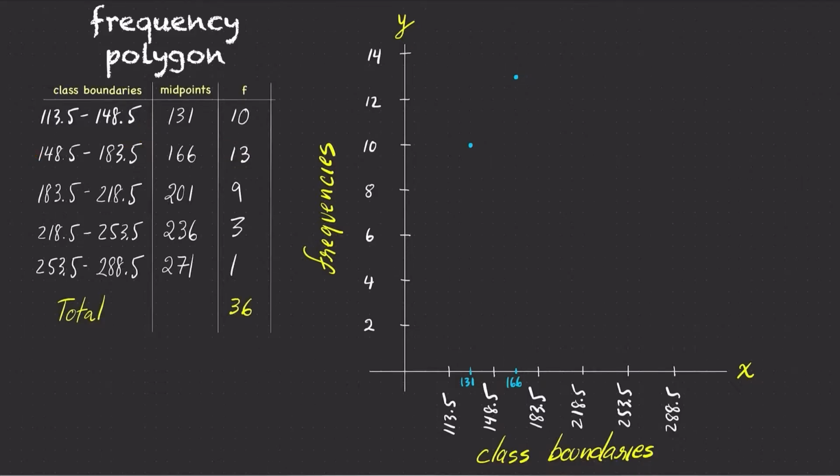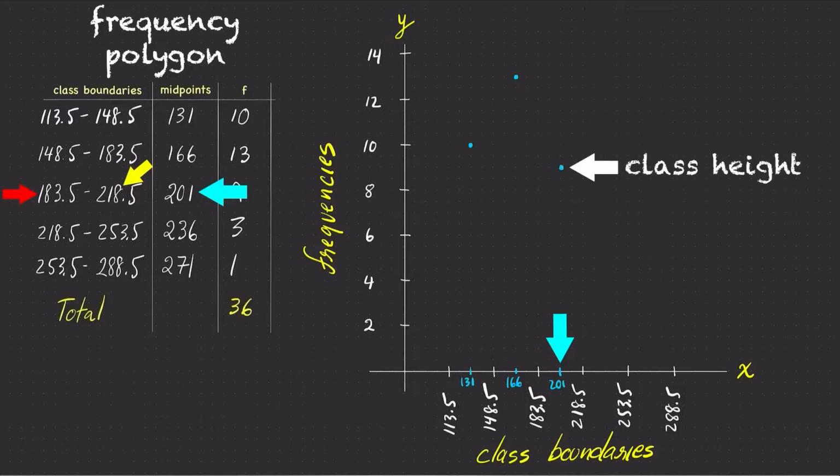Likewise, for the third class, going from 183.5 and up to 218.5, the class midpoint is 201. Go to the x-axis, mark that in the middle of the class boundaries. Now, mark the class height of 9 right above 201.